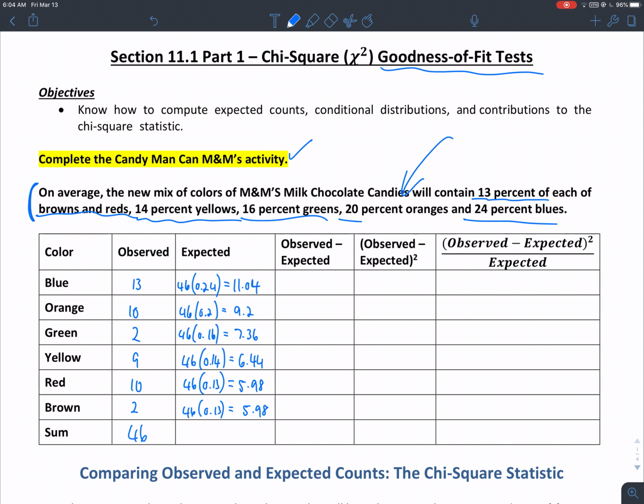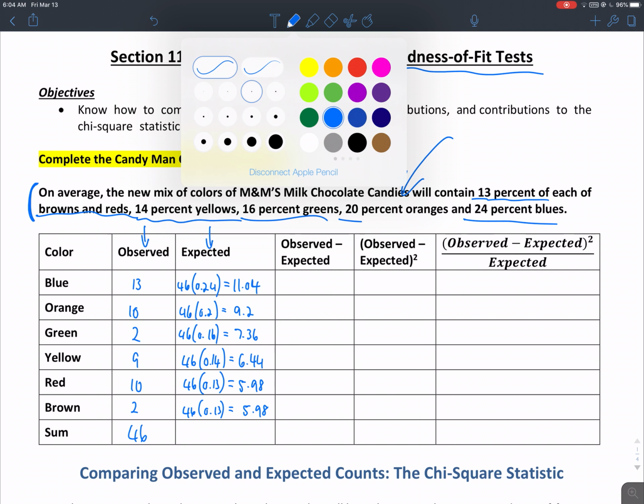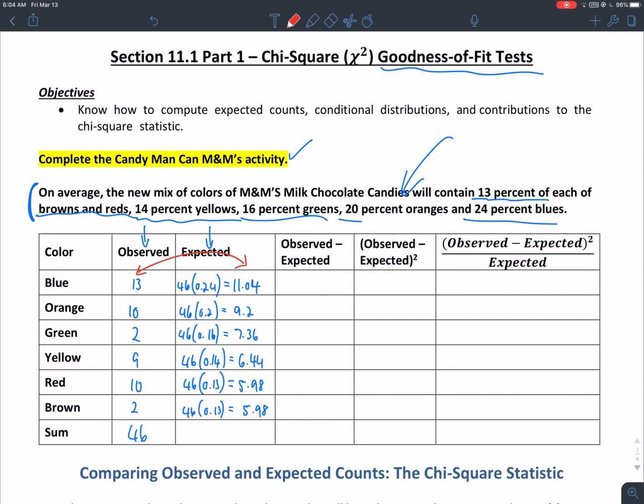So observed is what I saw in the sample that I took. Expected is what I should see if the claim of the company is true. Now you can do a quick visual comparison: this is what I expected to see and this is what I actually have. Green looks a bit questionable, maybe brown looks a bit questionable in my sample, and maybe red is also too high.